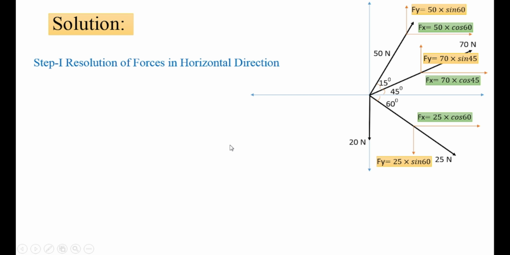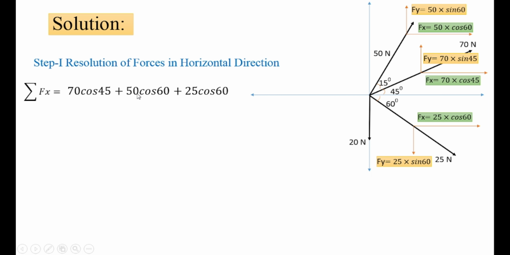Now we'll write the summation of Fx. Summation of Fx is the addition of all horizontal components. For your understanding, I have colored all the horizontal components with green color. So starting with the right side, the first component will be 70 cos 45. The next component will be 50 cos 60. Then for 20 Newton, the Fx component will be 0, and at the end 25 cos 60.